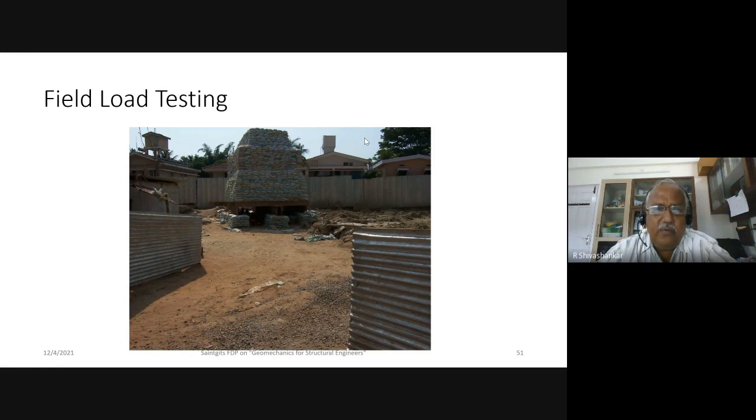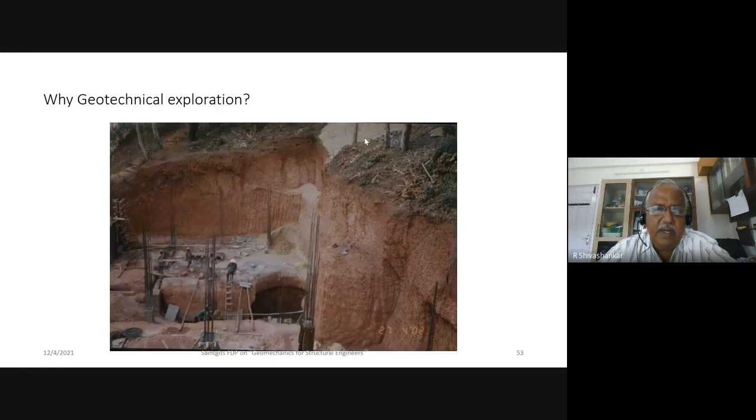So you can go in for tests like the SPT or SCPT to give more data. Usually when we do soil exploration, we do it at some points, and we can't scan the entire area.